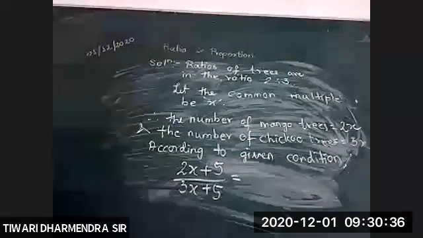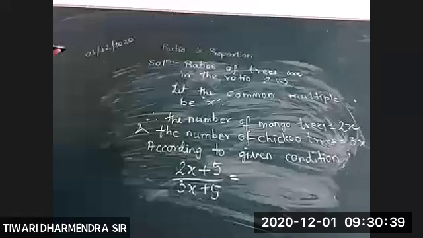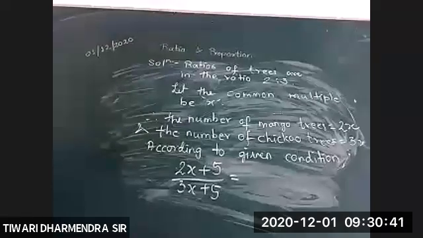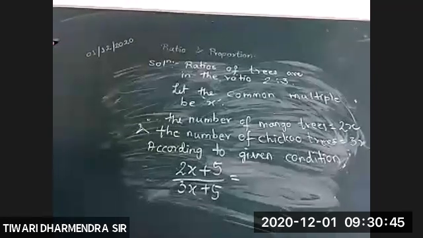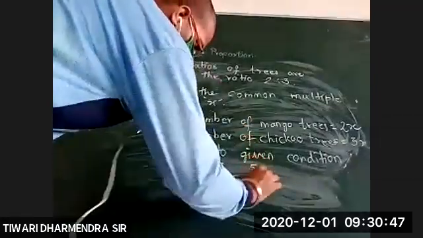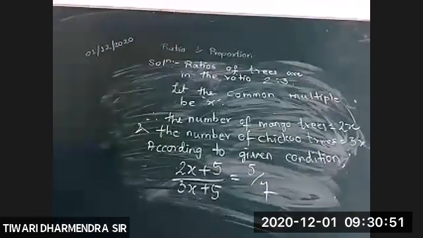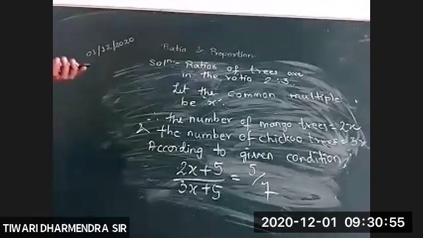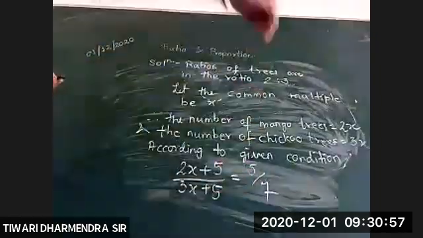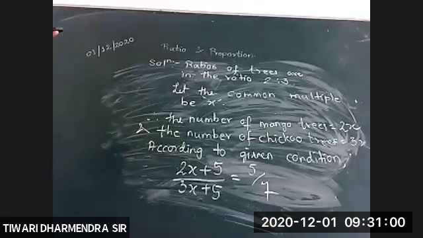Hope you understood this step. 2x plus 5 upon 3x plus 5 is equal to 5 by 7. Why 5 by 7? As they are saying, if 5 more trees of each type are planted, the ratio of trees would be 5 to 7. So this is the condition.